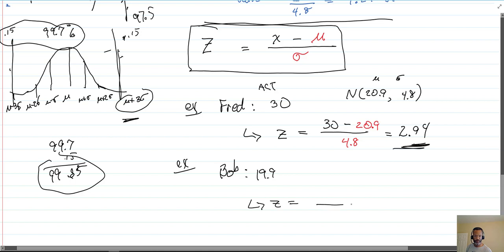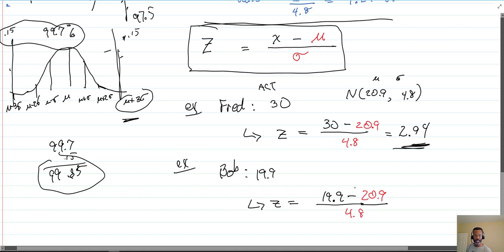Bob's z-score, just take his 19.9, we're going to follow the template where we do a subtraction from the mean, right? So the score will always be the value on the left side. And there's a 20.9 and a 4.8.